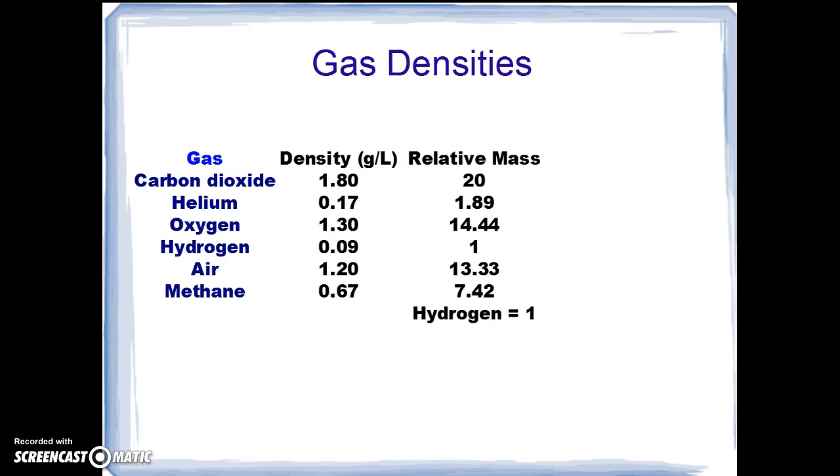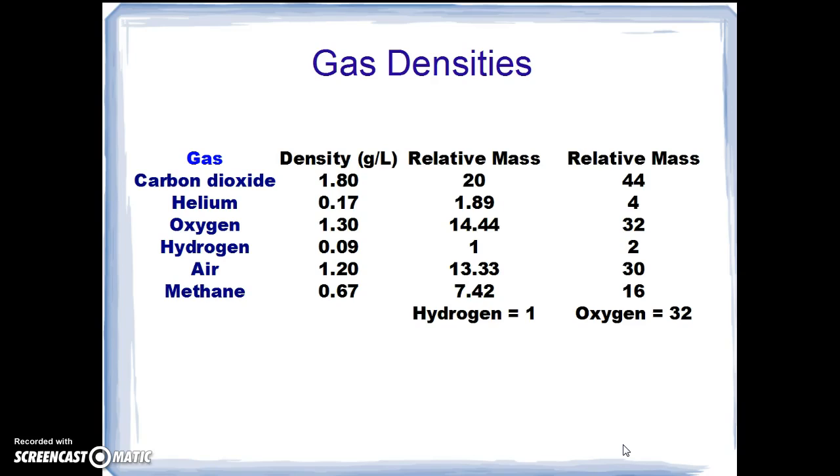But later on, for a number of reasons, scientists decided that oxygen would be a better standard, and in time we used oxygen at 32 as our relative mass standard, giving us, for instance, methane at 16 and carbon dioxide at 44. You probably saw that the density of methane in your experiment was about half that of oxygen.